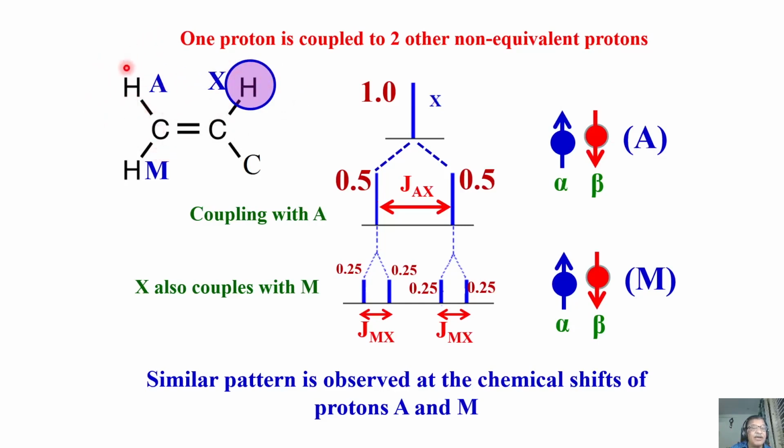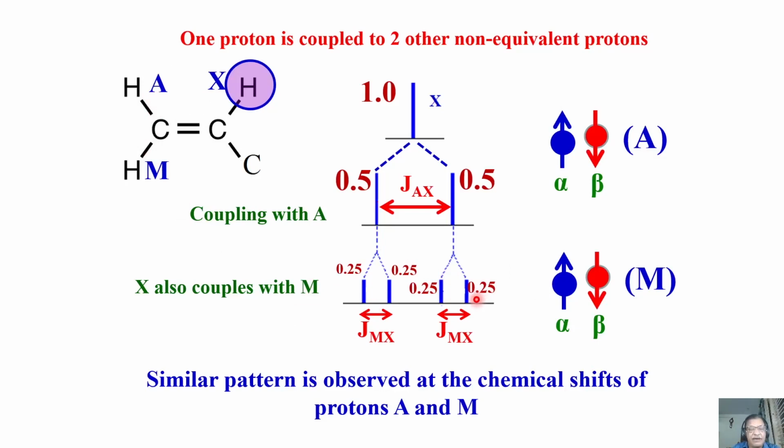Further, this proton A also experiences coupling with this proton M. So, simultaneously, this also experiences two couplings. So, proton A, if I look at it, again start with proton A here, split into two because of AX coupling, and then split further into two because of AM coupling. So, what happens? Again, you get a four-line pattern of equal intensity.